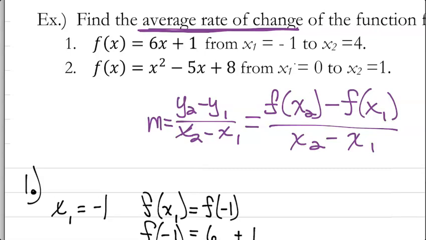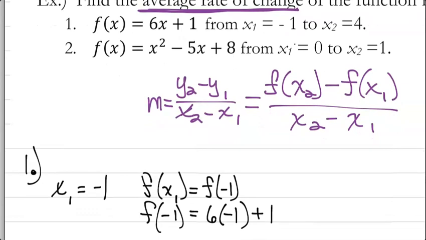I made a boo-boo. I'm supposed to write my parentheses wherever there was an x and replace it with a negative 1. So 6 times negative 1 is a negative 6. Negative 6 plus 1 is negative 5.